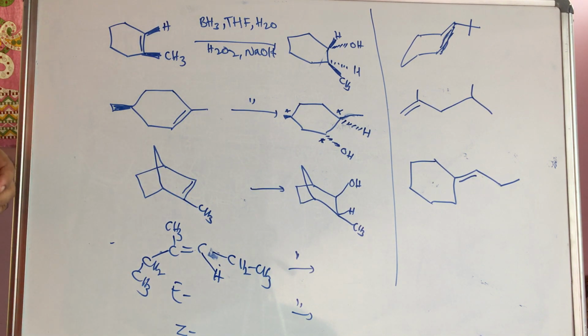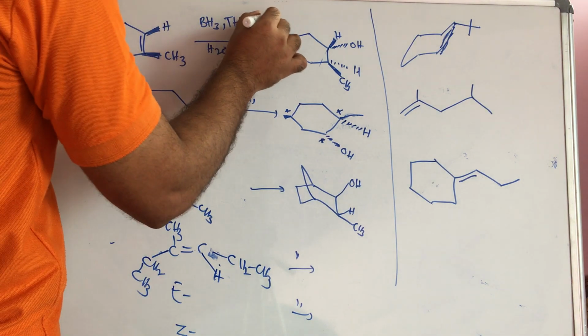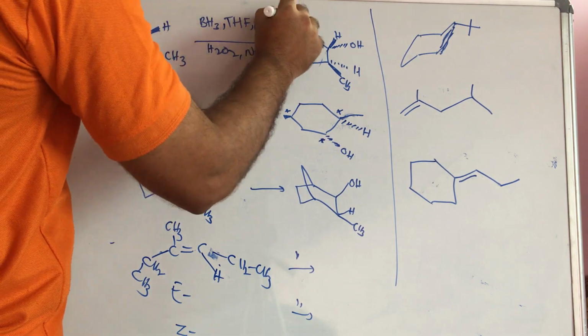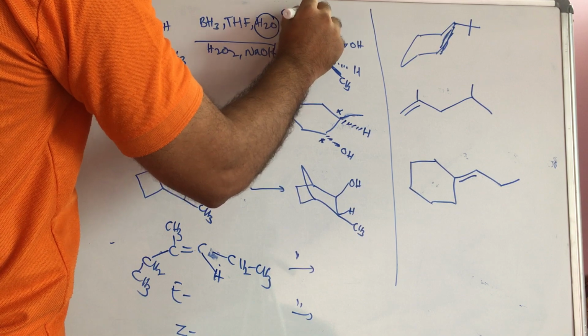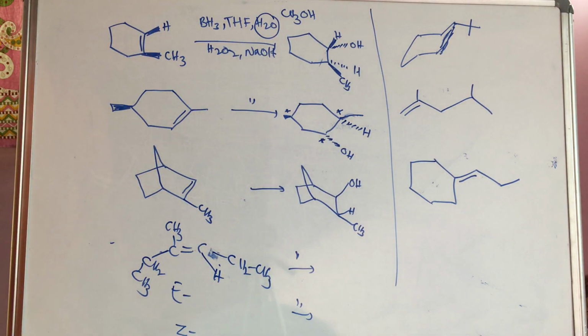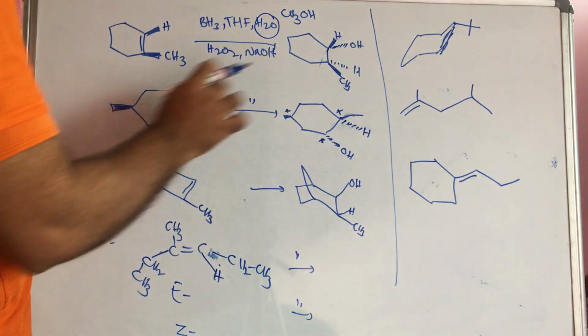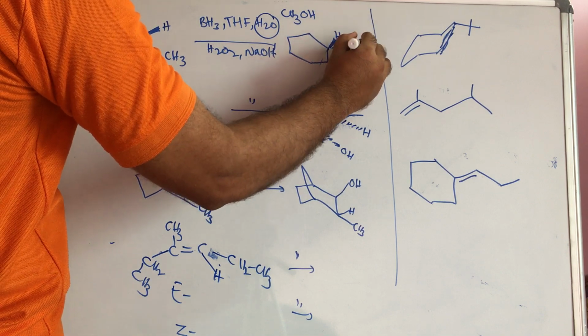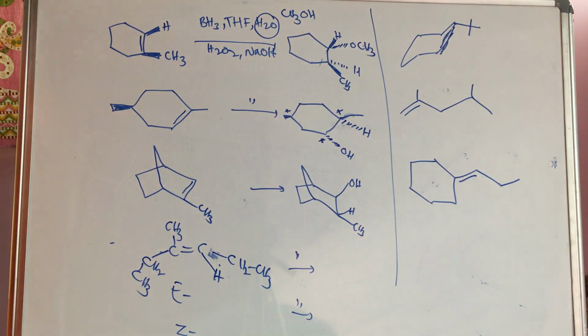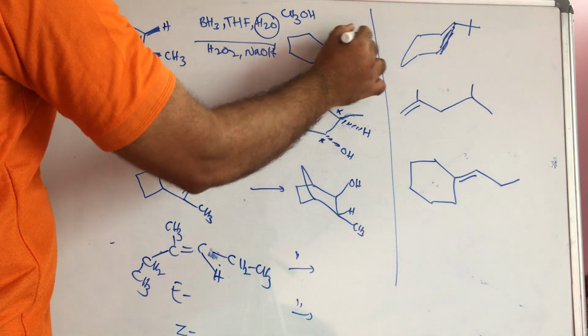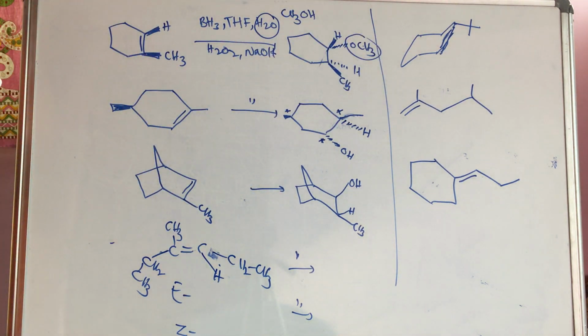And next, sometimes they may use a solvent. If alcohol is there, then you will get the ether product. For example, consider this only, then the answer is CH3 here. You will get the ether product. Okay.